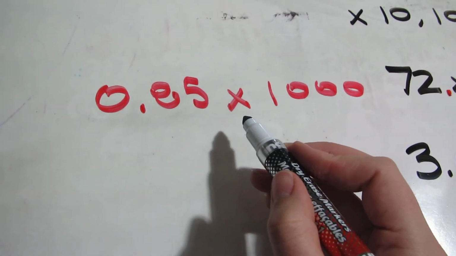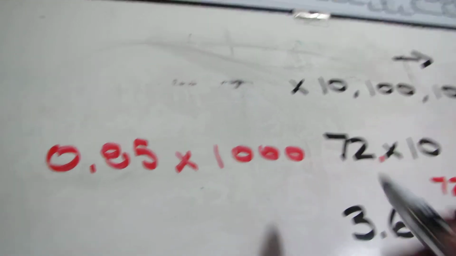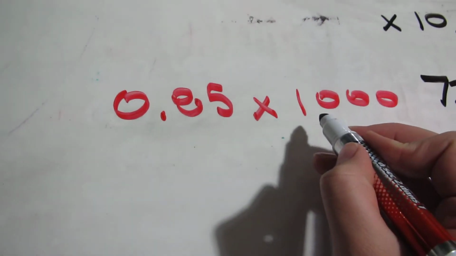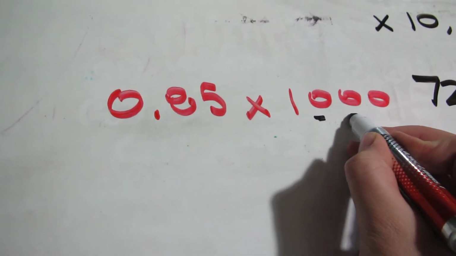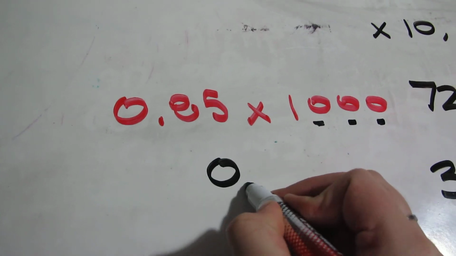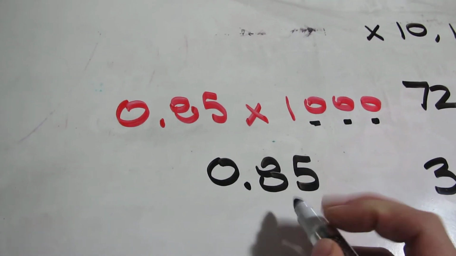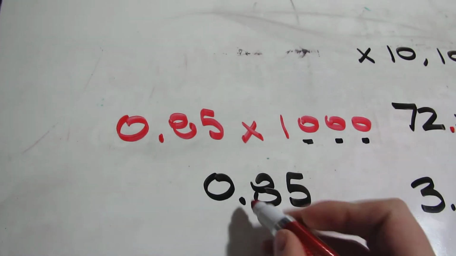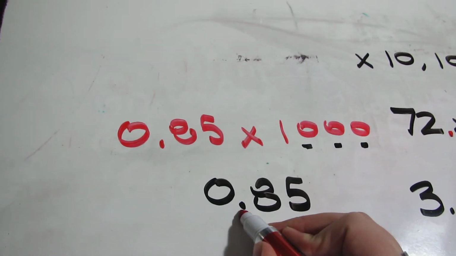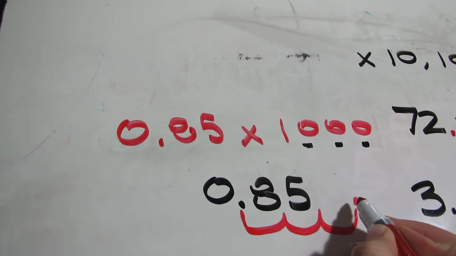The number is getting bigger, so it has to move to the right. There it is. And it has to move to the right 1, 2, 3 places. So again, I'm going to write it down here so it's nice and clear for me, so I have room to do the decimal moving. And I'm going to jump 3 places. 1, 2, 3. My decimal's here now.